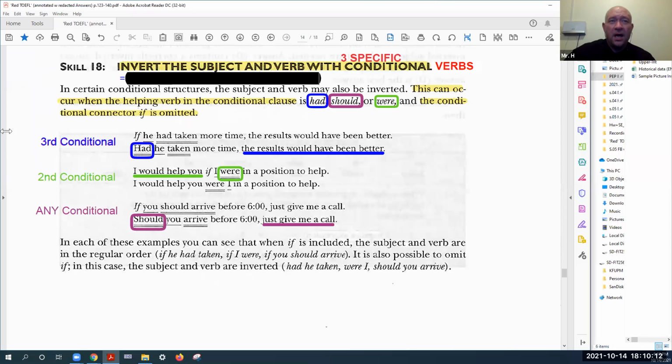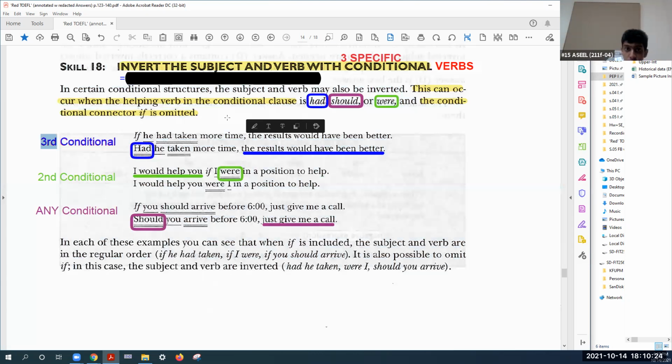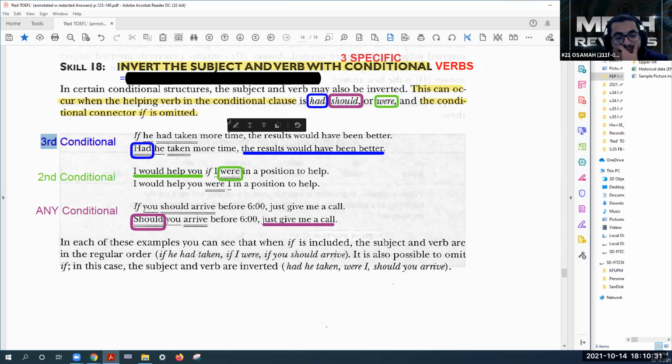And let's take a look at the meaning of invert. Asil, do you know the meaning of invert? Actually, I used the word invert in unit 4, when I explained indirect questions.